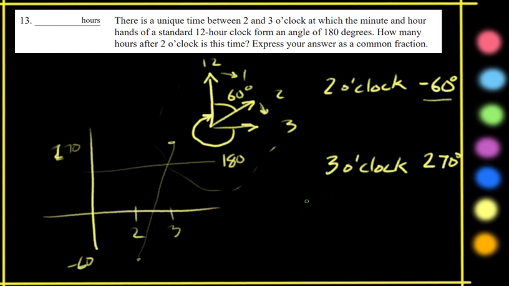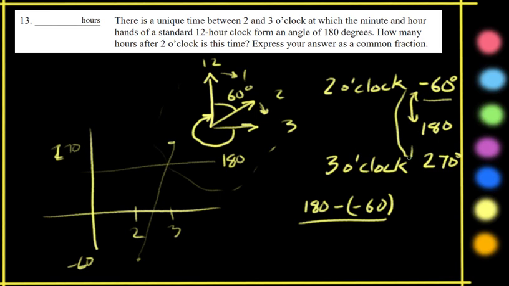We just take 180 minus a negative 60, divided by the total. So that's like the difference between these two numbers. And then we need to divide that by the difference between these two numbers to tell us how many hours it's been in this time.